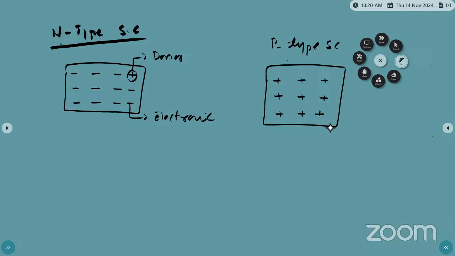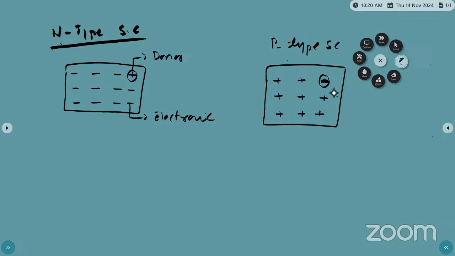Now that hole is accepting the excess electrons from the N-type semiconductor. After accepting, what will happen? The covalent bond will form. That means the electron is moving. So after accepting one electron from the N-type semiconductor, it forms an ion.